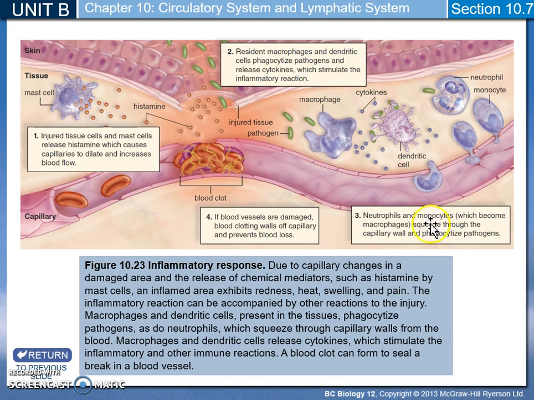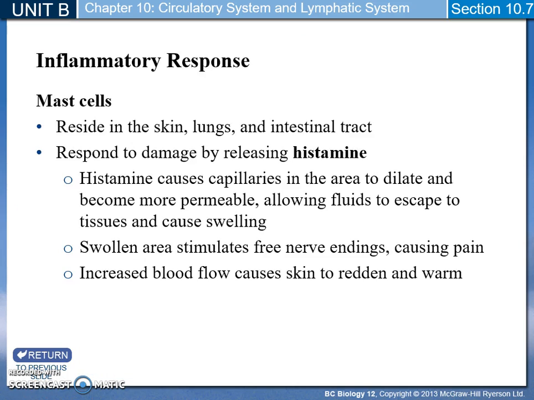Also, neutrophils and monocytes, which become macrophages, can squeeze through the capillary wall, and they can then attack the pathogens. Then, if blood vessels are damaged, blood clotting will wall off the capillary and prevent blood loss. So this is quite a good summary of the inflammatory response.